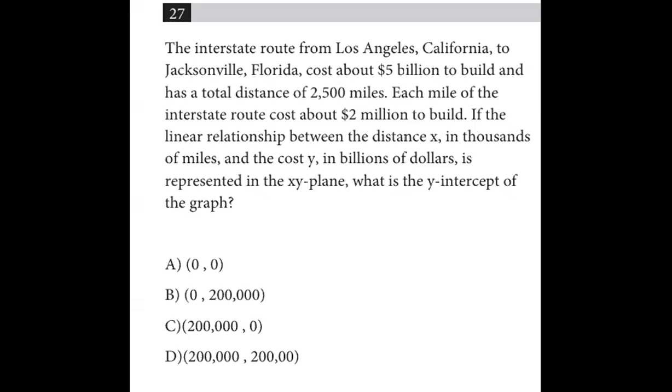Okay, so for question 27, we're given a total cost of 5 billion, and we're told that each mile costs 2 million to build. We have a total of 2,500 miles.